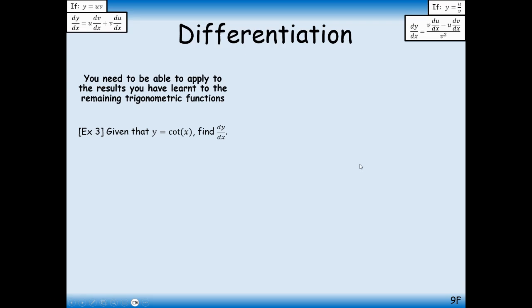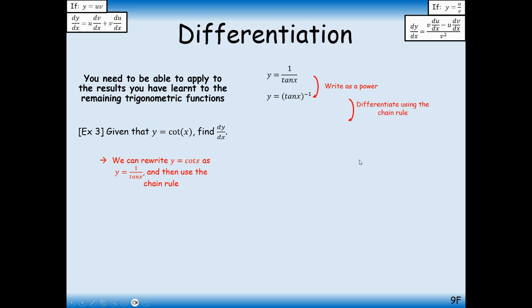So cotan is 1 over tan, and we can write 1 over tan as tan to the power minus 1. Using chain rule, we know that the negative in this expression here, that the derivative of tan x is secant squared of x. We found that in the previous lecture.